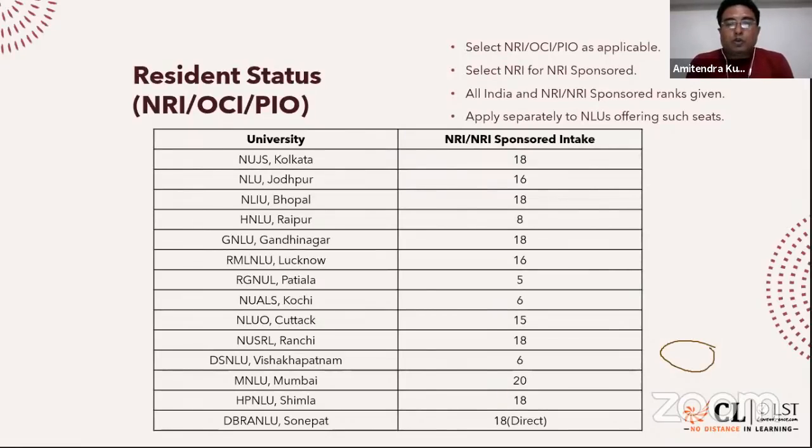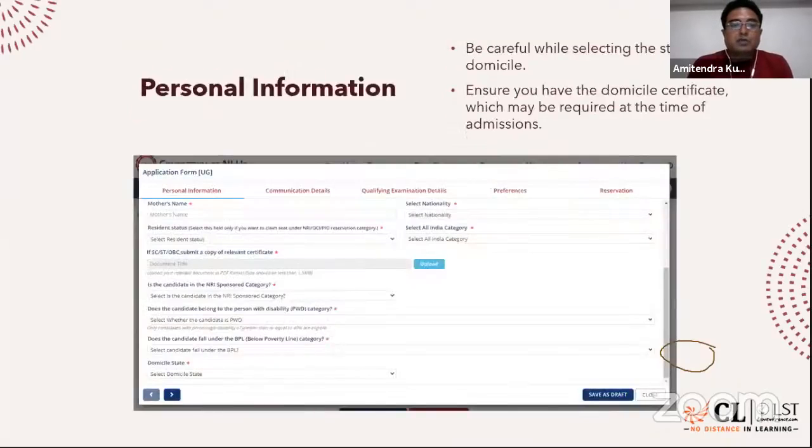Only NLU Sonipat gives you an option to apply directly for admissions to these category of seats. So if you apply to NLU Sonipat for the NRI category or NRI sponsored category, you are not required to take CLAT 2021. For all the other national universities, you are required to take CLAT 2021. So you'll be getting two different ranks as the case may be.